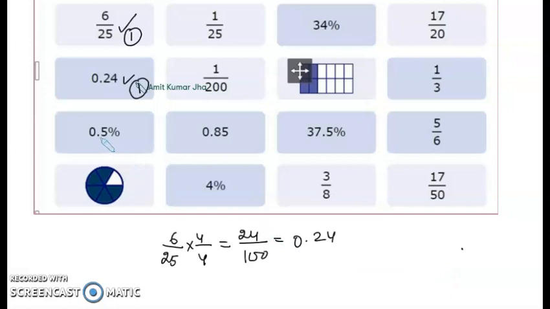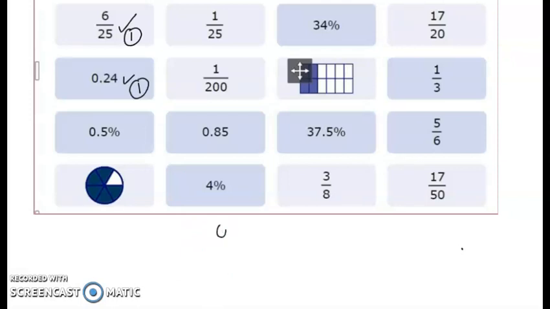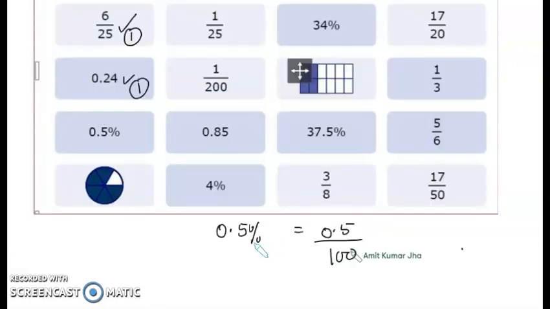Now this is 0.5%. Let us try to find out. 0.5% will be equal to 0.5 by 100, because whenever there is percent, the 100 comes in the denominator.